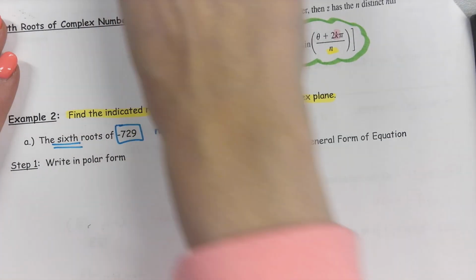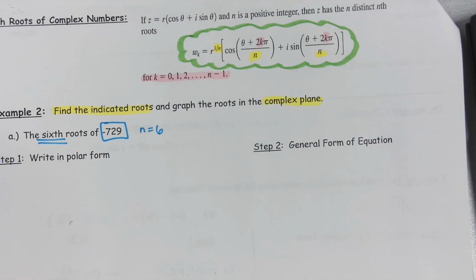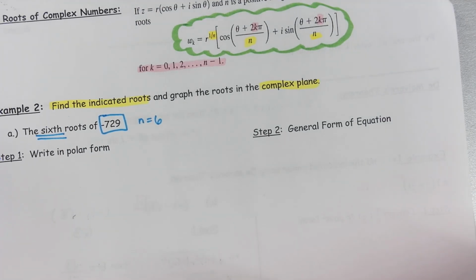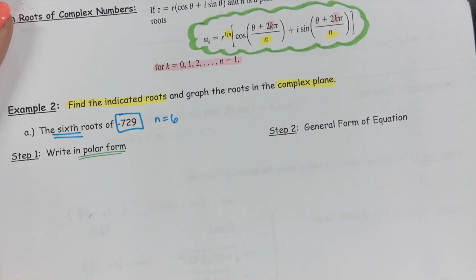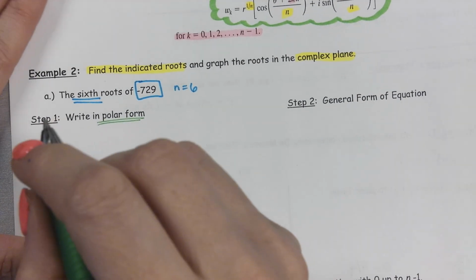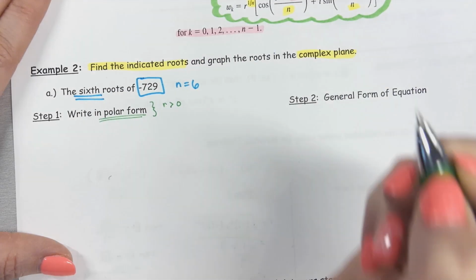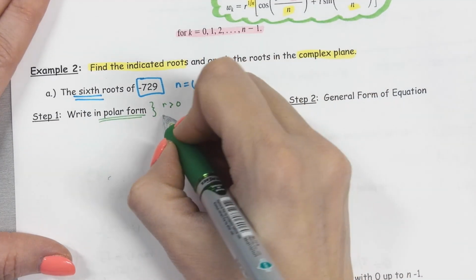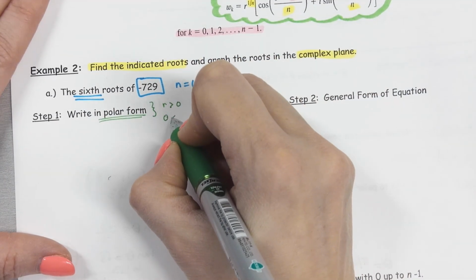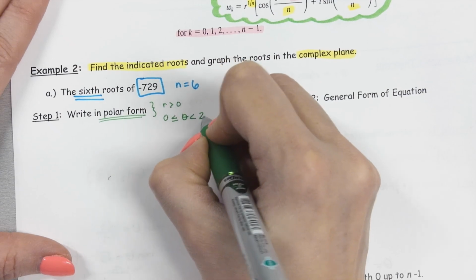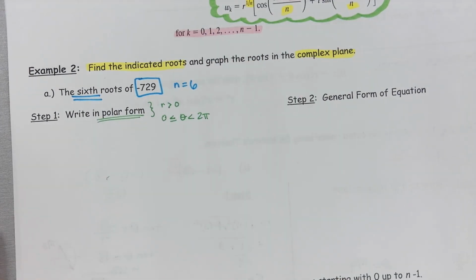You are going to write this in polar form. Remember, based on our information box yesterday, when you're writing in polar form, your r value is positive, and your argument theta is between 0 and 2 pi.